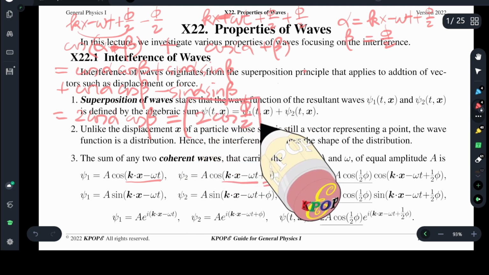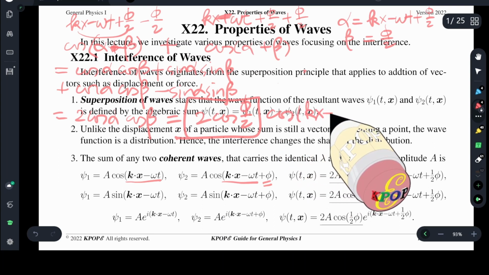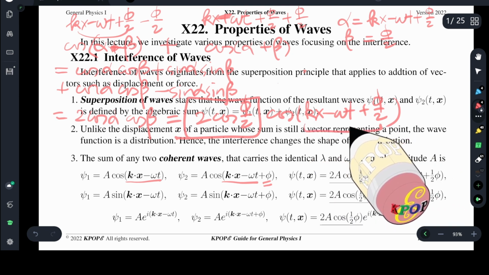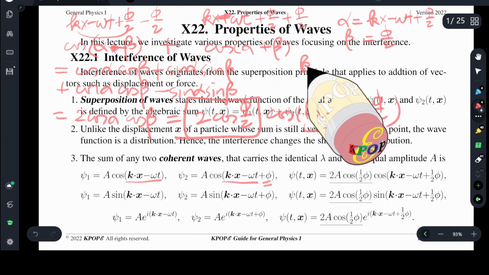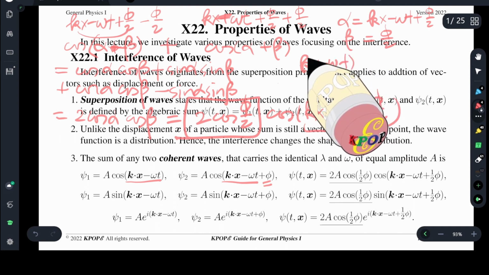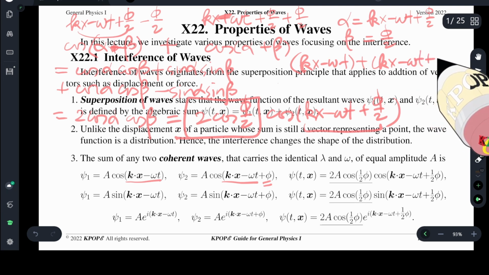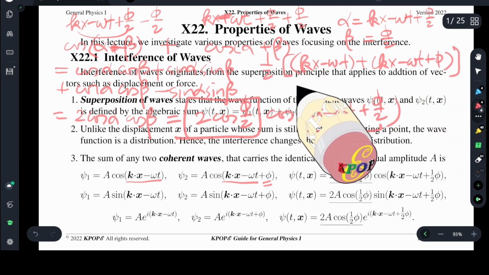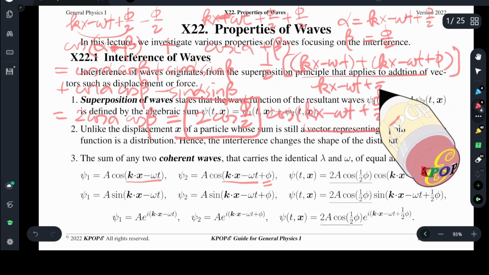It is a very important factor. And the cosine of kx minus omega t plus half of phi. We find that this is the average of the two: kx minus omega t and kx minus omega t plus phi, add them up and divide by half. Then you will find this is kx minus omega t plus one half phi.